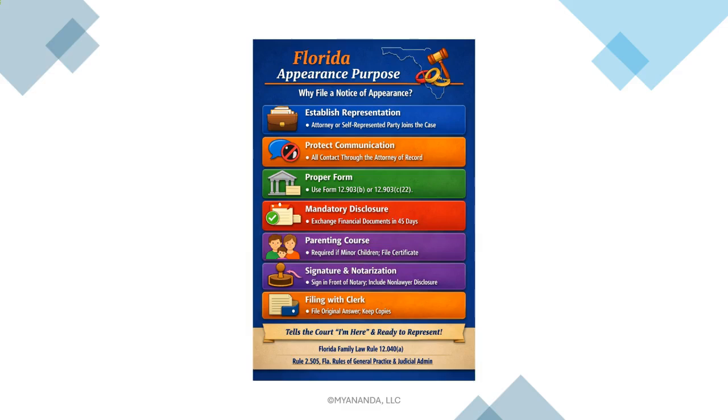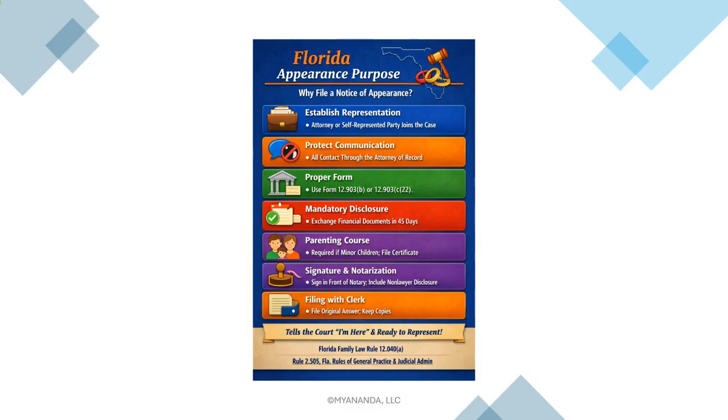You're not going to get anything you need as far as information without something in the court file, such as a notice of appearance, to keep you informed of important issues, particularly where mandatory disclosure is concerned.